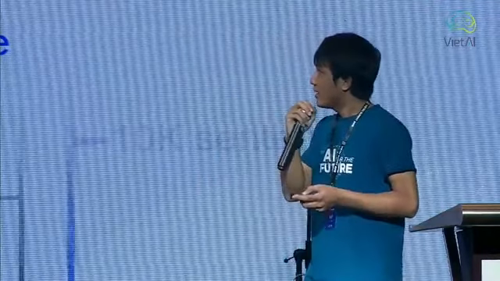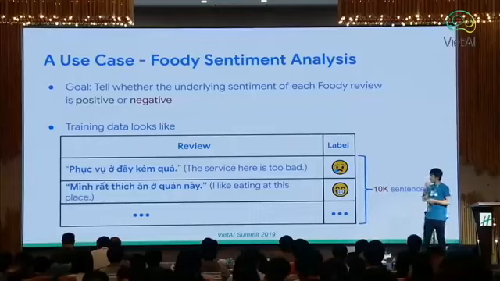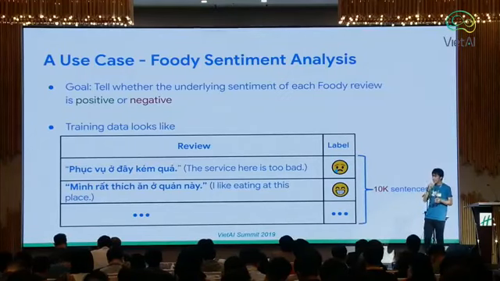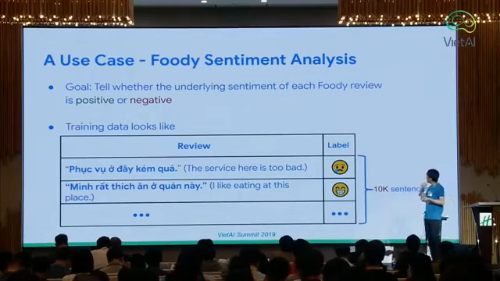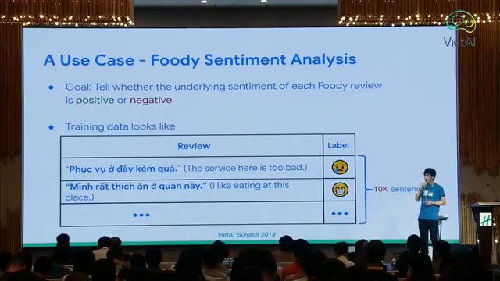To be more specific about how to do back translation and how effective it is, let's consider a typical machine learning problem in Vietnamese, which is sentiment analysis, in which we are given a bunch of reviews, and the goal is to tell whether the underlying sentiment is positive or negative.